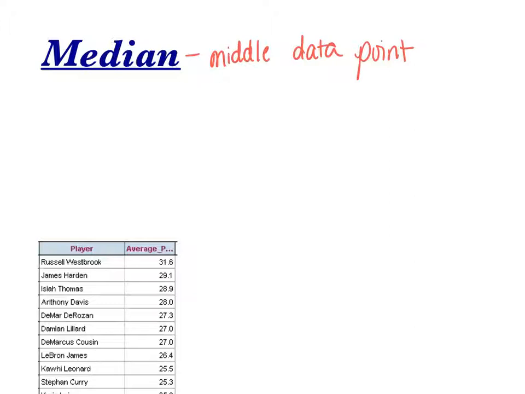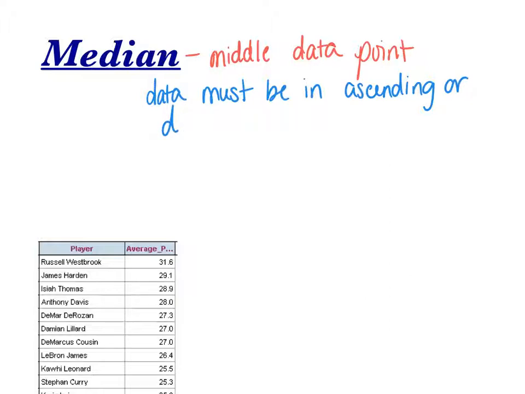What you're going to do if you have to find a median is the data has to be in order. So your data must be in either ascending or descending order in order to find that median.